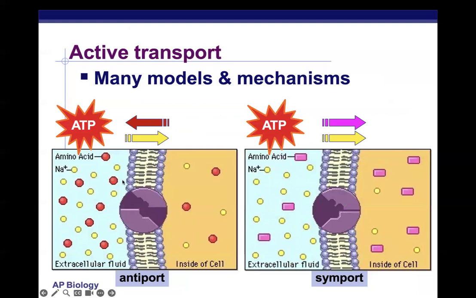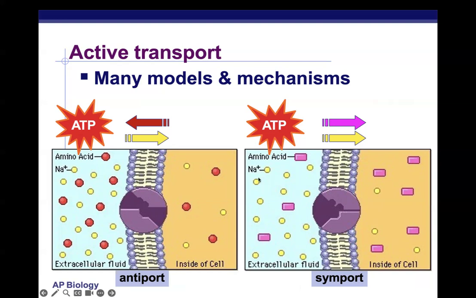Here's an example of a protein changing shapes or having a conformational change to allow a substance to bind to it and then push it in the direction it wants to go. There are many different types of active transporters. There are symporters that might move two things in the same direction.